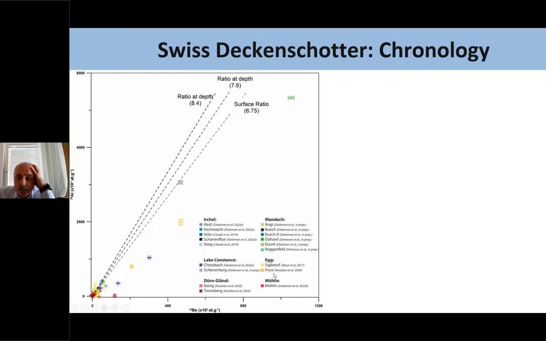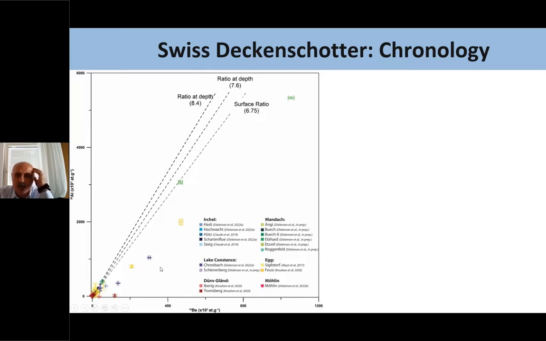Of course, this is not all our studies. There are also different sites which were studied by NAGRA in Switzerland, which is already published. And if you look at these, there are more than around 130 data points, and they cluster around the origin. This is the aluminum-26 concentration, this is the beryllium-10.